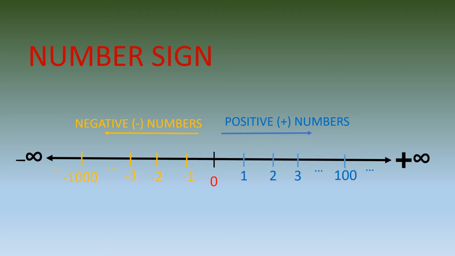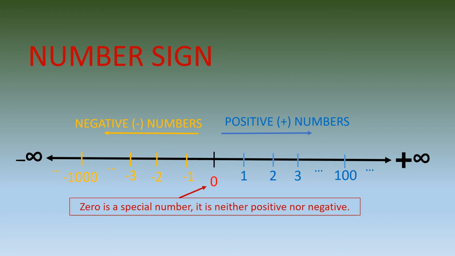Therefore, when we talk about number sign, we are referring to a positive and a negative number. Also, take note that 0 is a special number because it is neither positive nor negative. 0 has no sign.